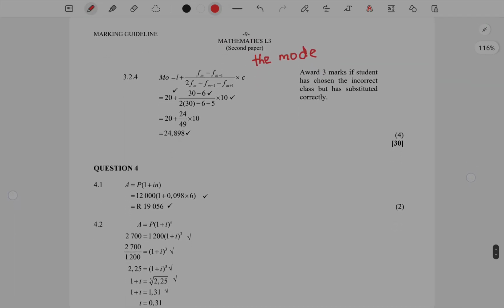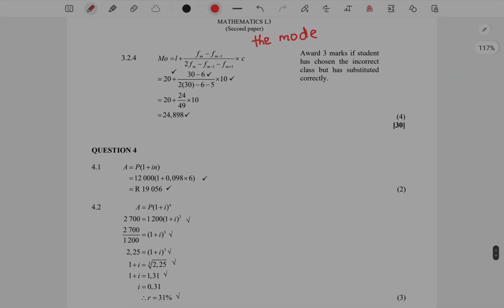Okay, so the mode is the value that appears the most, or the value with the highest frequency. In our case, that is going to be the class interval with the highest frequency.